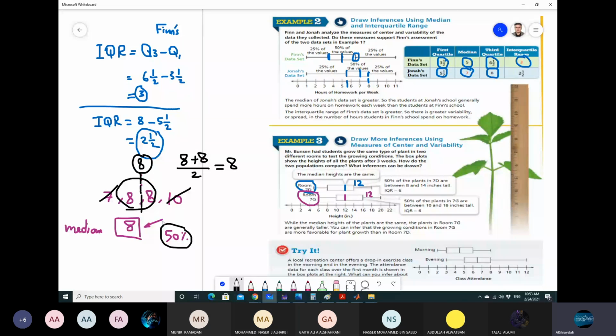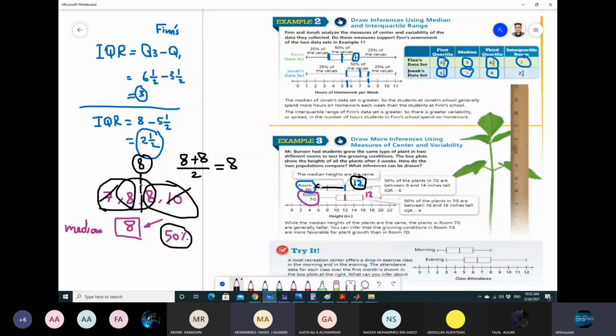So what do you mean by 50% of the data values being less than 8? We have 2 data values less than 8, and we have 2 data values above 8. And here, 50% of the plants in 7D are less than 12.